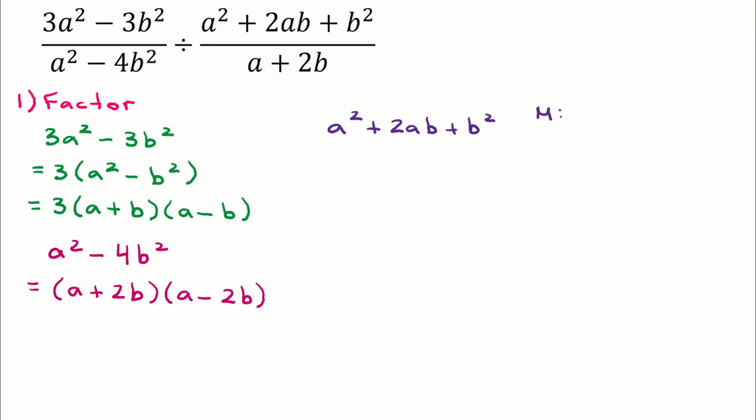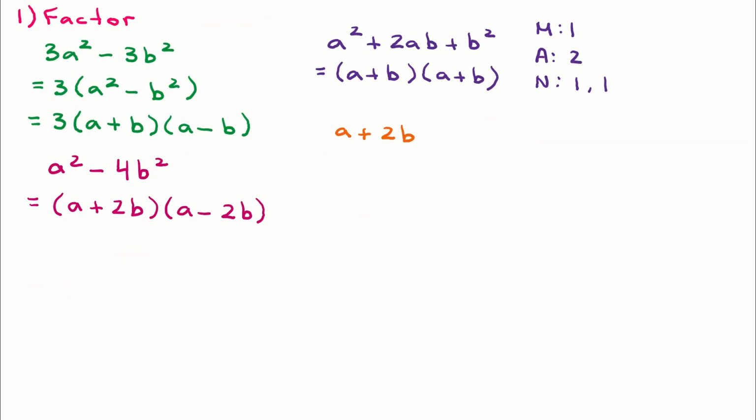We're looking for two numbers that multiply to 1 and add to 2. So our numbers in this case will be 1 and 1, and this fully factored works out to a plus b multiplied by a plus b. And then if we look at our last expression, a plus 2b, this cannot be factored further.